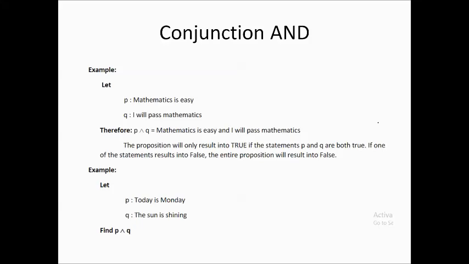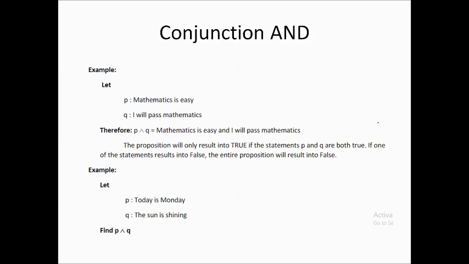Okay, next. Let P equal mathematics is easy. And then Q, the propositional variable Q, I will pass mathematics. So therefore, the conjunction of P and Q: mathematics is easy and I will pass mathematics.